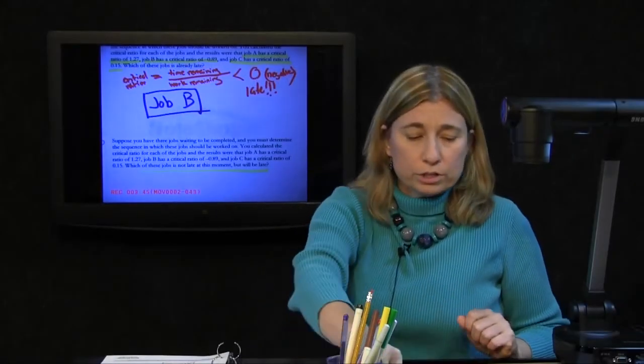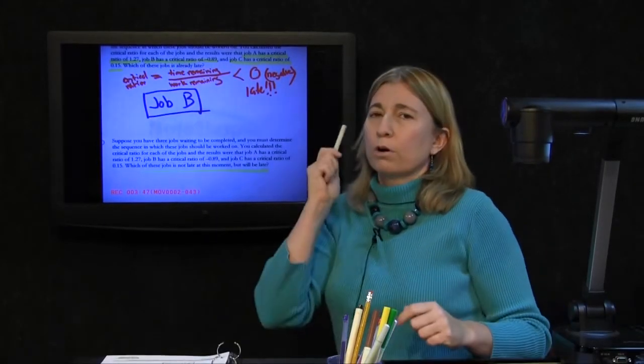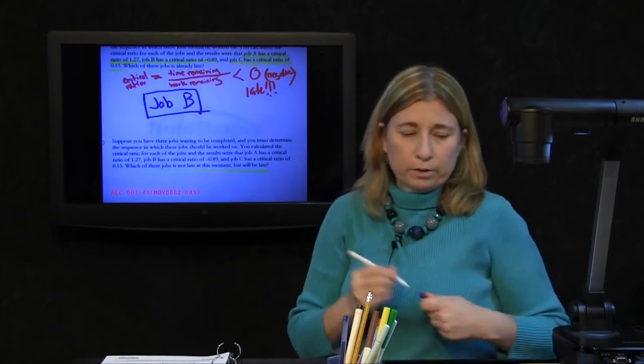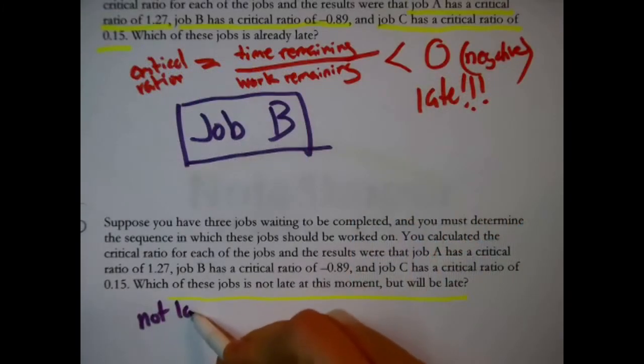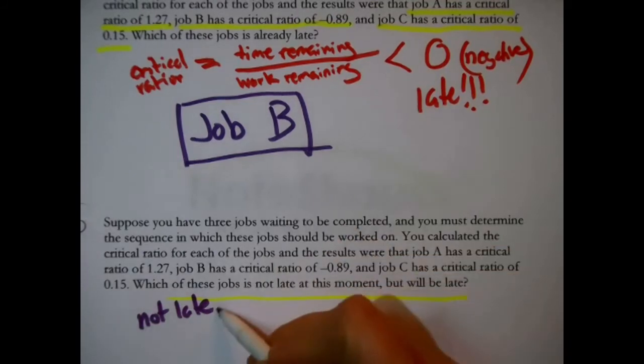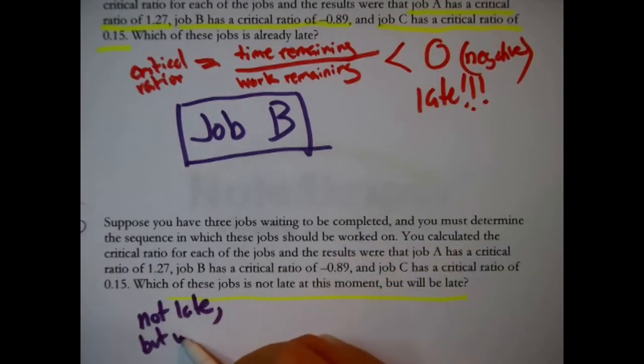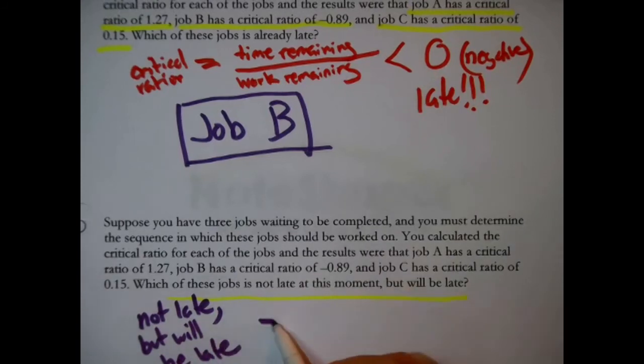We had just commented that the signal for already late is negative. The signal for not late at the moment we're looking at the report, but will be, is that the critical ratio is positive, because it's not late. It is a positive number, but less than 1.